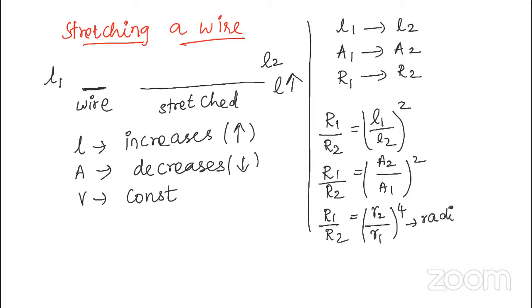Even if diameters are given, the same formula applies. So for diameter it is D2 divided by D1 the whole power 4. These are the formulas we use in problems.